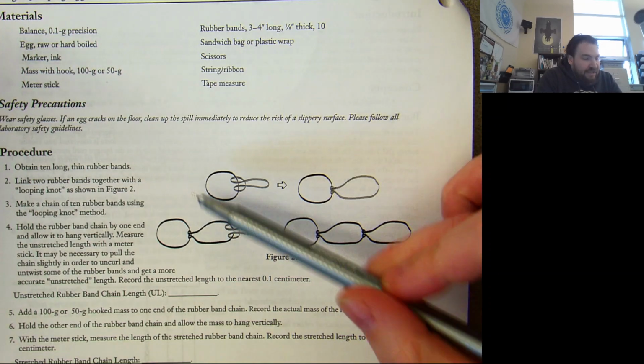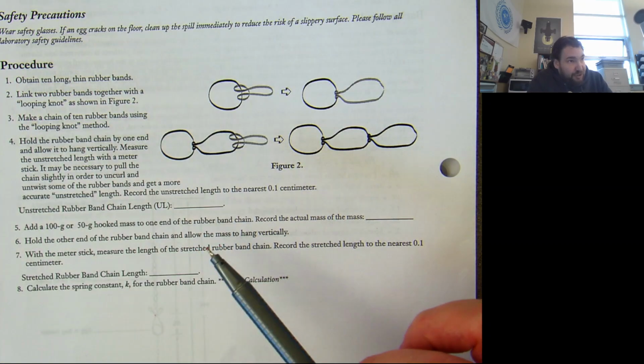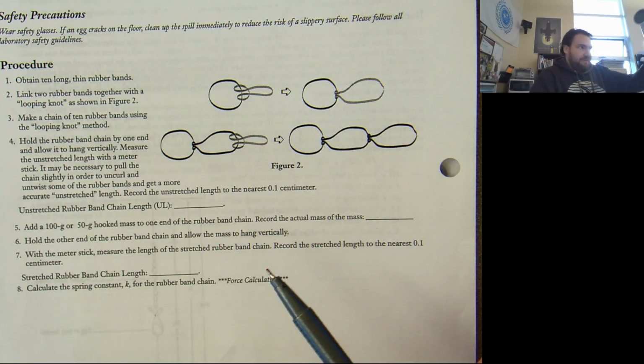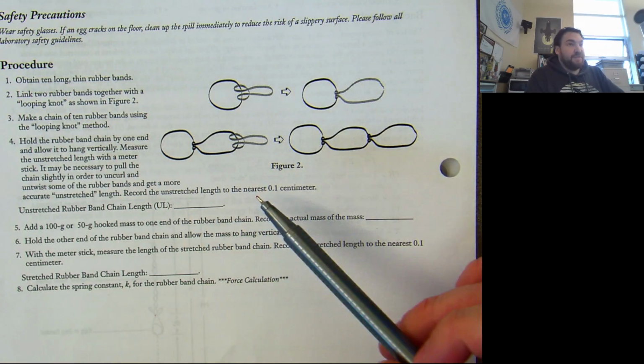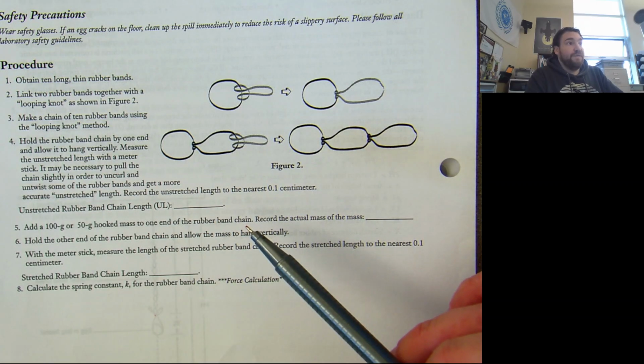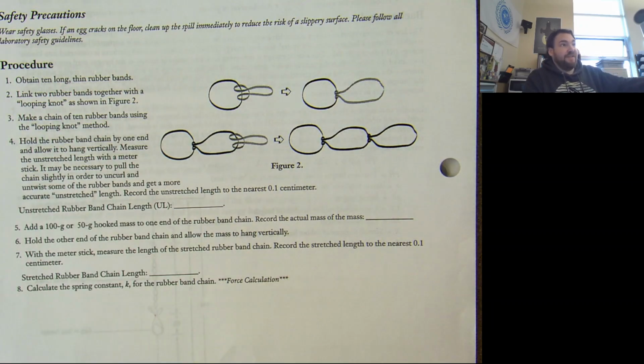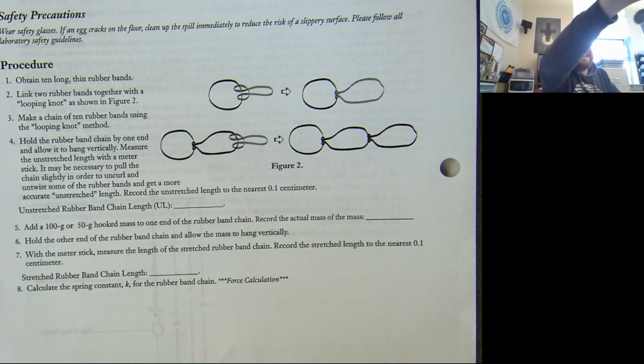You're going to make your chain. And then before you do anything with your chain, because this is a rubber band chain, you need to find the spring coefficient or the spring constant of your chain. You've done this before. You found the coefficient of a spring back when we were looking at the force of a spring. I can see some of the writing still on the wall. There's still a rubber band hanging there that you guys didn't put away. You've done the lab.